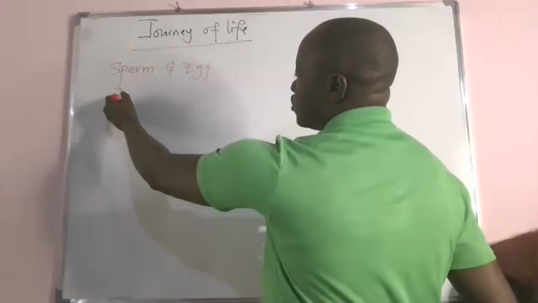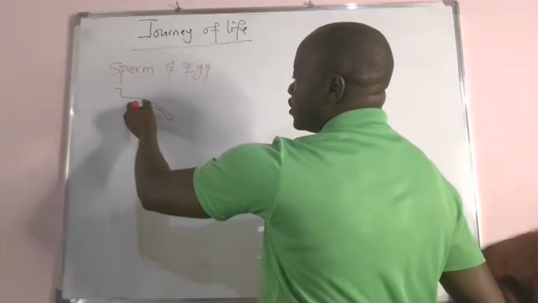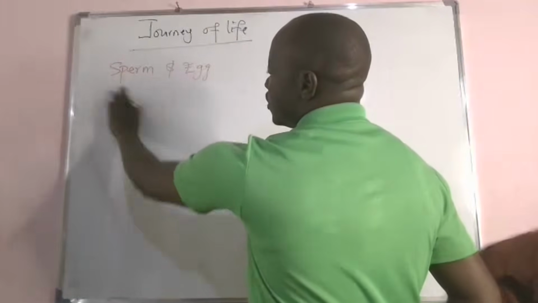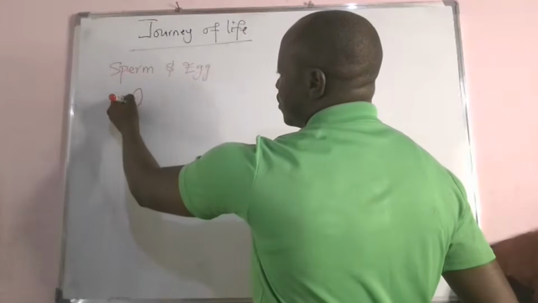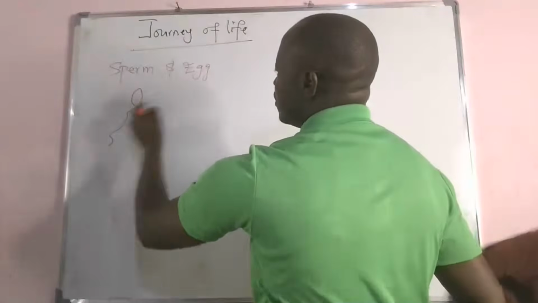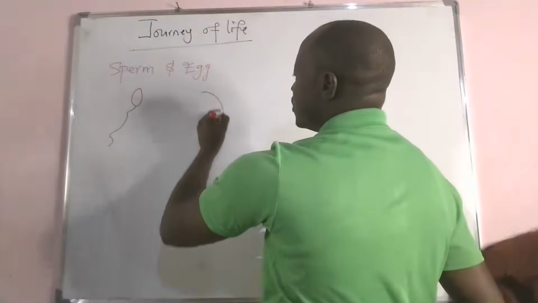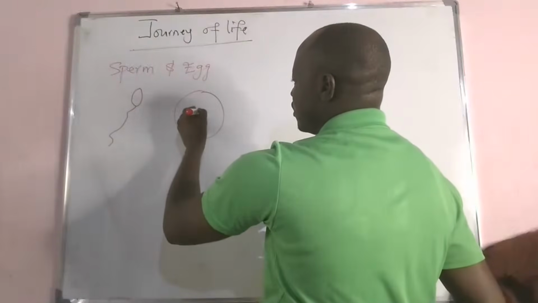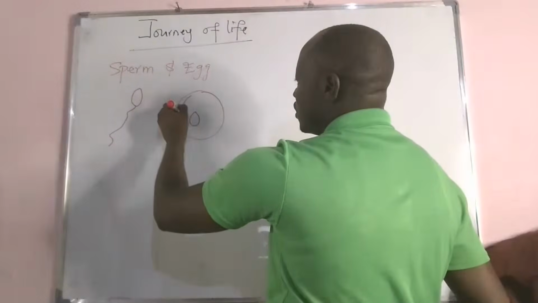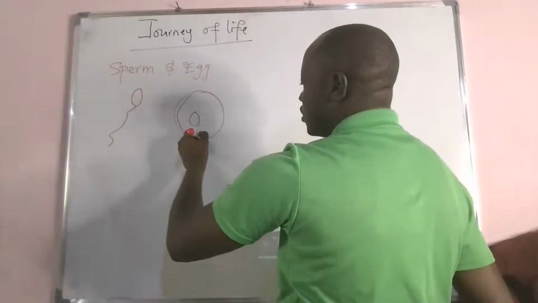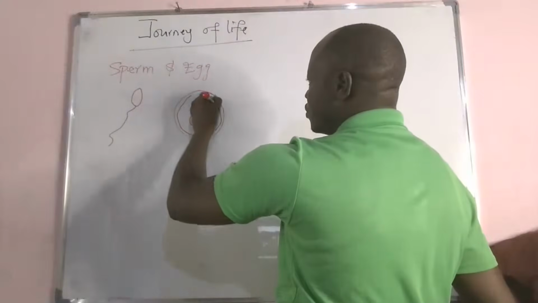Okay, let me just draw something like this. This is actually a sperm. Let me try to draw the sperm cell. And of course, we have the egg cell. And this is the nucleus. And then this is where we have the zona pellucida.